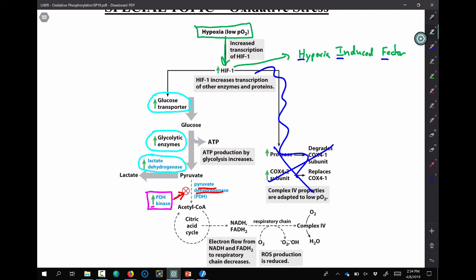That will lead to the expression of things that get glucose into the cell, things that use glucose, and things that convert glucose to lactate. Remember, the Warburg effect says that cancer cells absorb about 20 times more glucose than a normal cell and convert it to lactate. One of the reasons that's the case, in many cases though not all, is because HIF is active, increasing the expression of all of these genes.